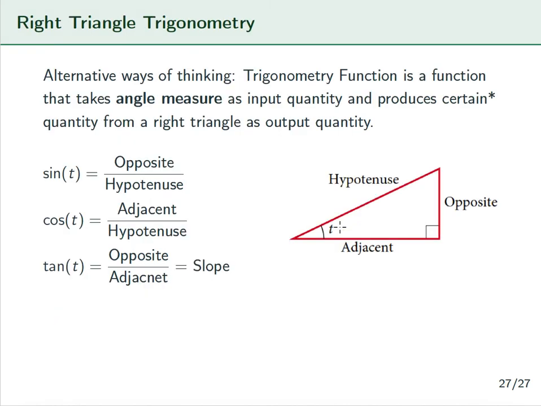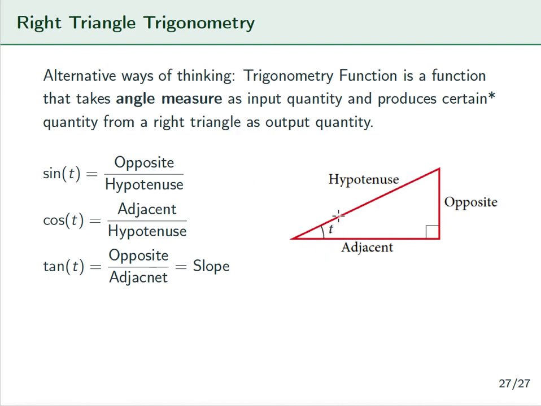Now let's look at right triangle trigonometry. This is an alternative way of thinking about trigonometric functions. Trig functions take an angle measure as an input quantity and produce a certain ratio quantity from a right triangle as the output quantity. If you took trig before, you might have seen this. But this is not the most productive way to think about sine, cosine, tangent, because it feels like the angle is fixed here.